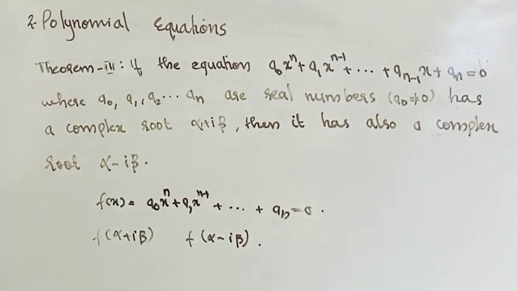This is the statement of the theorem. I have already said that I will not be discussing the proof of the theorem, but we will be discussing many problems regarding it.